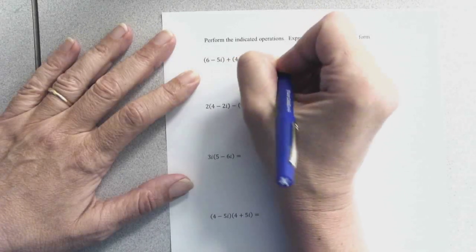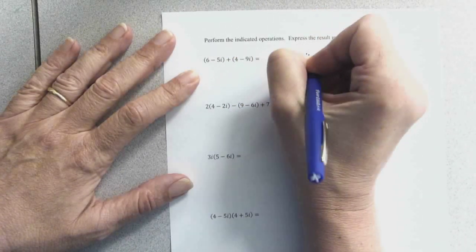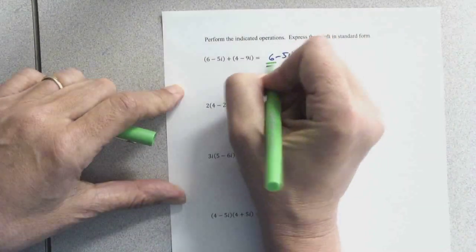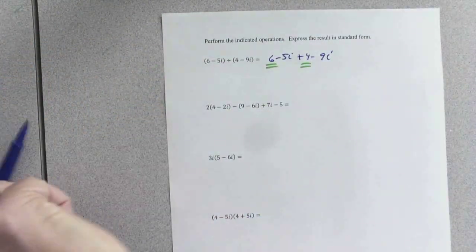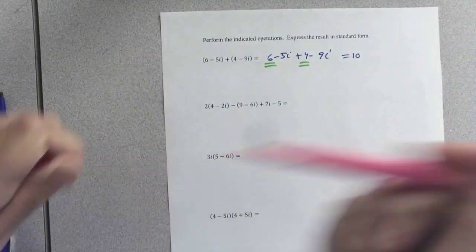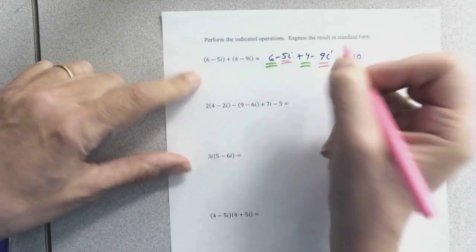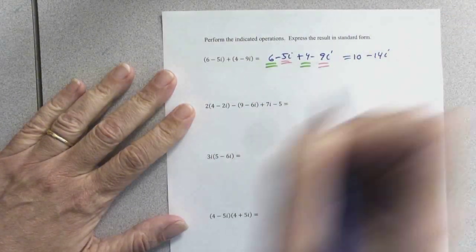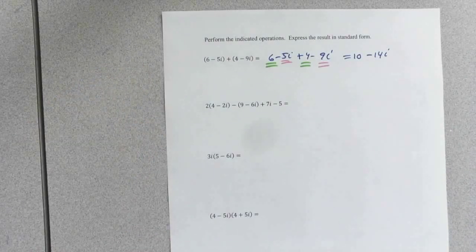And so this is the same as 6 minus 5i plus 4 minus 9i, and then just combine my like terms. 6 plus 4 is 10. -5i minus 9i is -14i. And that guy is done.